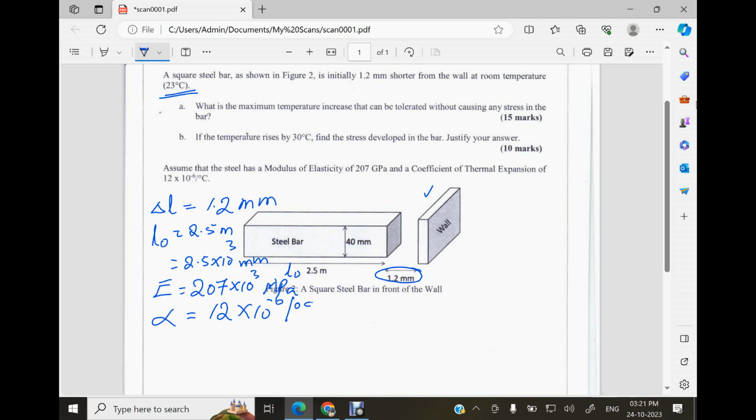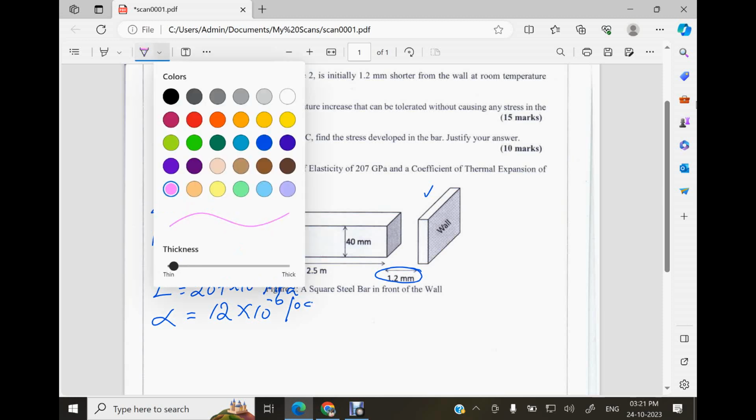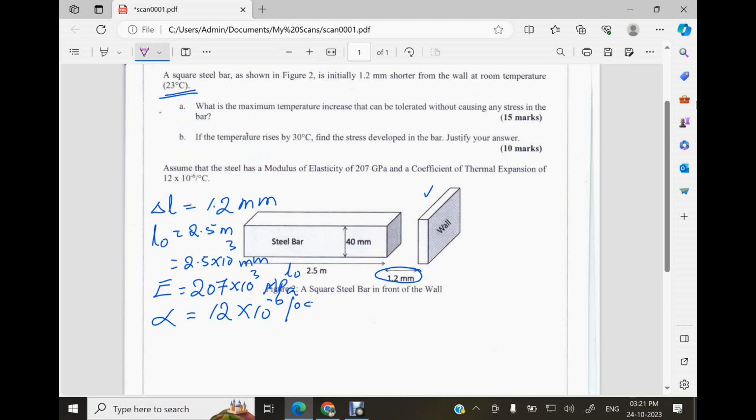Now, number A, he wants me to find out by how much temperature you can rise so that no stress is induced. So now what can I write? I can write delta L is equal to alpha into delta T multiplied by L naught.